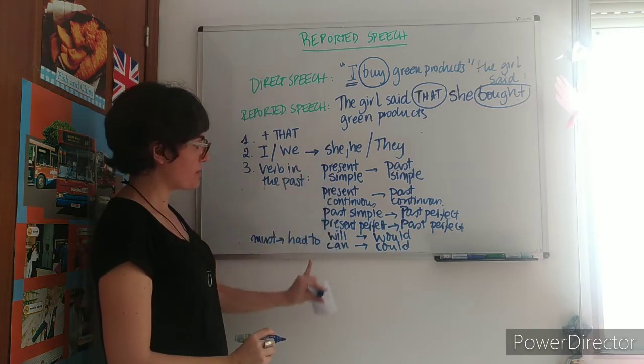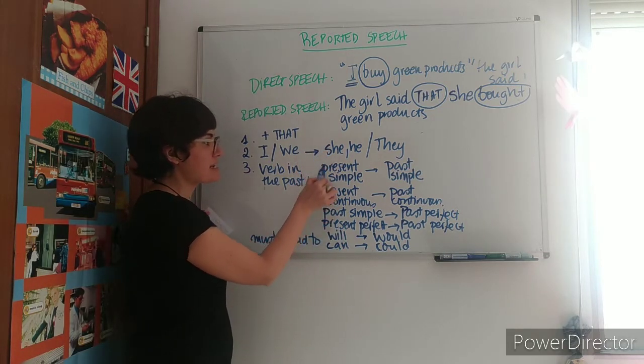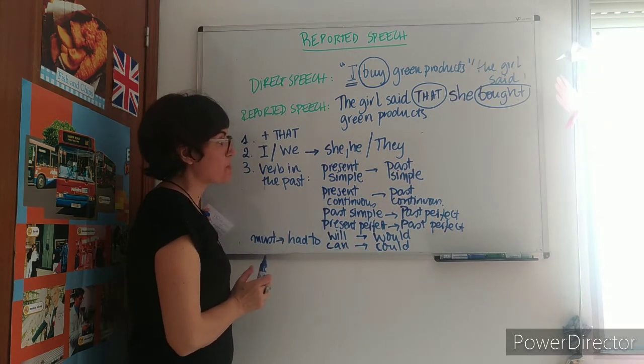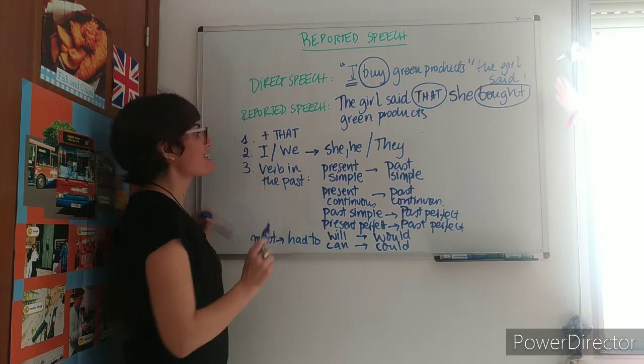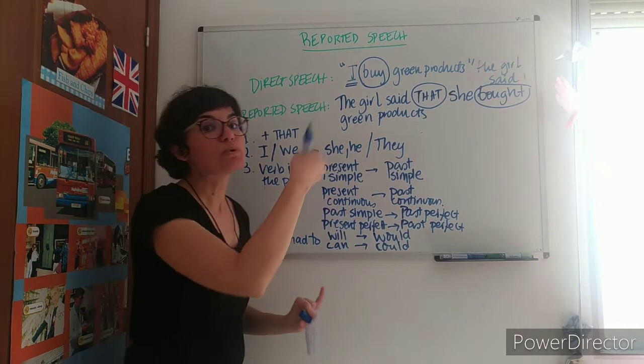So at the moment, these are the verb tenses that we have seen. If we find any direct sentence with these verb tenses, we would use the ones on the right in the reported speech. So these are the three main changes that we must use when we turn direct speech into reported speech.